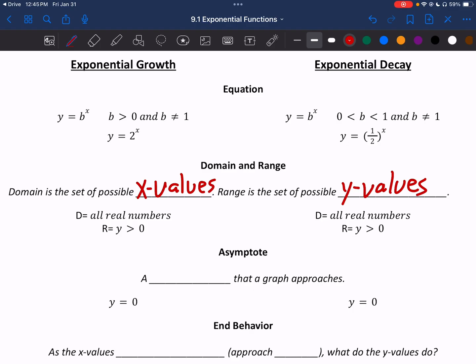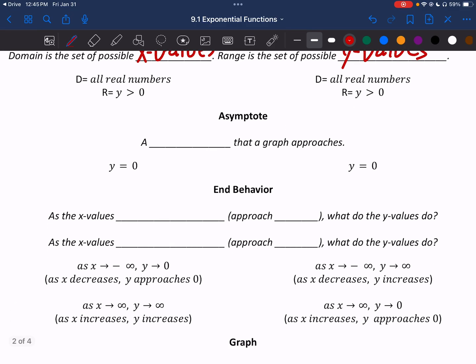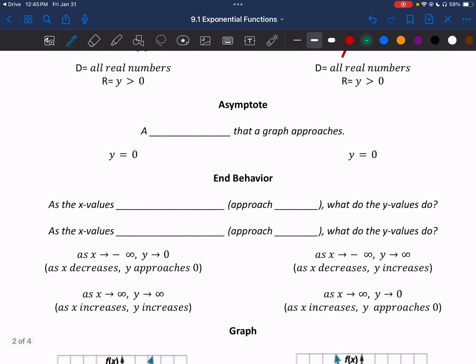So the domain on both of these would be all real numbers, and our range is going to be, for both, greater than 0. And we're going to look at why that is. So again, asymptote comes back up. This is going to be a line that a graph approaches. Each one of these equations is going to approach the line y equals 0.